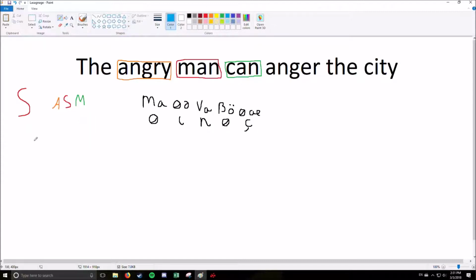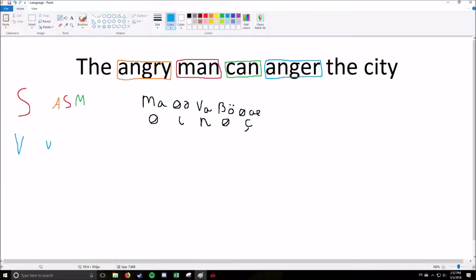Then, if you want to do your verb, in this case the only verb we have is anger. We don't have any indirect object. We don't have any tenses or prepositions or adverbs.